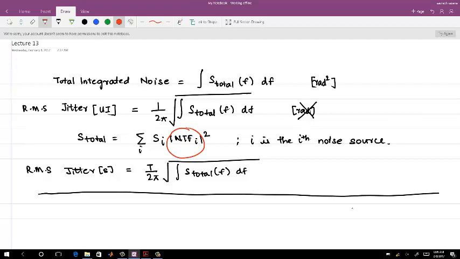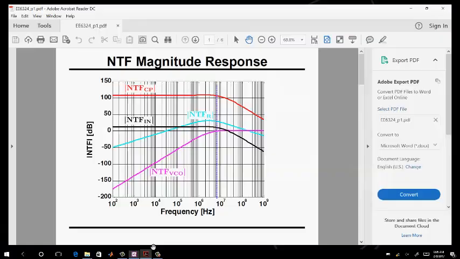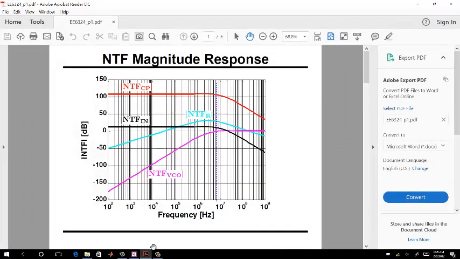So how do these noise transfer function plots look? I have plotted the NTF magnitude responses: NTF of charge pump, NTF of input, NTF of VCO, and NTF of R, which is a band pass transfer function.